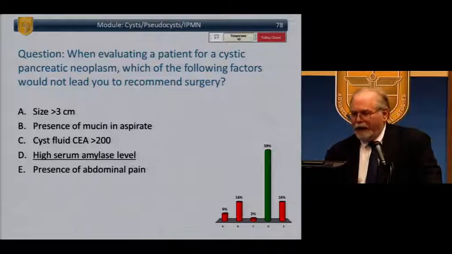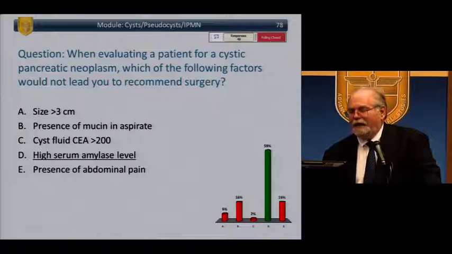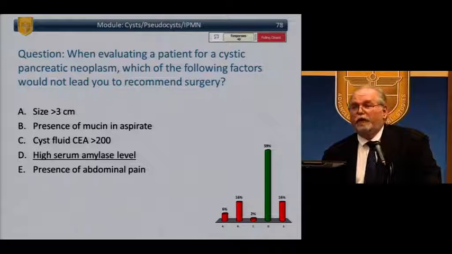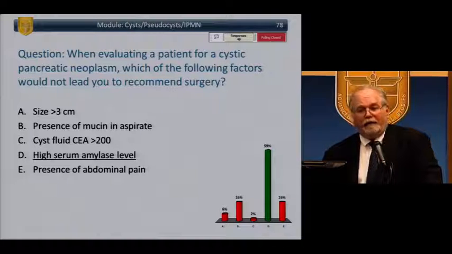And that's correct. A high serum amylase would not lead you to doing surgery, but a size over 3 centimeters, mucin in the aspirate, a cyst fluid CEA over 200, or symptoms of pain would lead you more toward resection than not in patients with cystic pancreatic tumors.